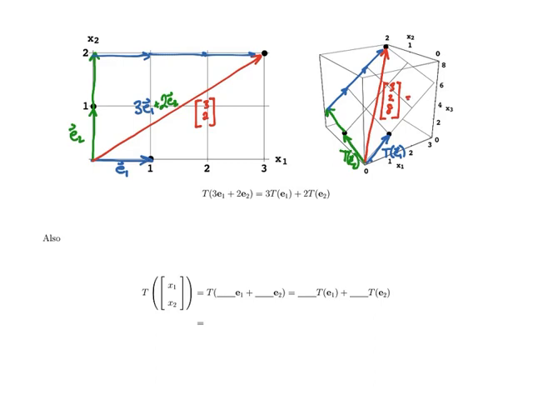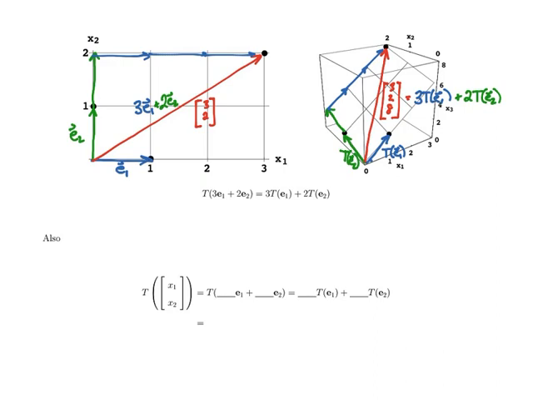That was the vector 3 T of E1 plus 2 T of E2. Everything is transformed into R3 in some way, in this case onto that plane that we're looking at.